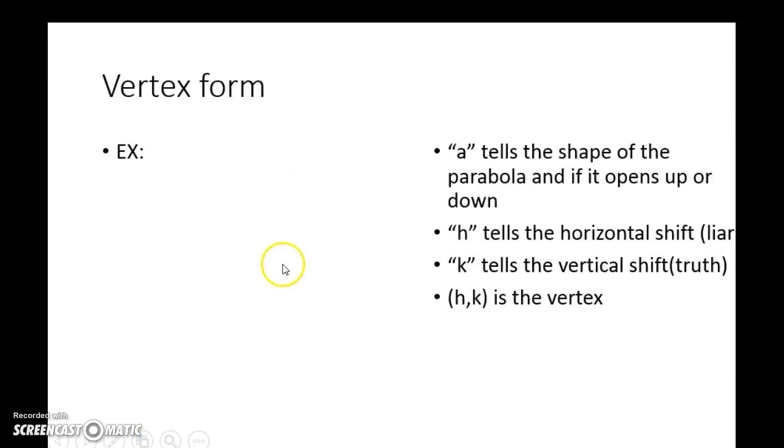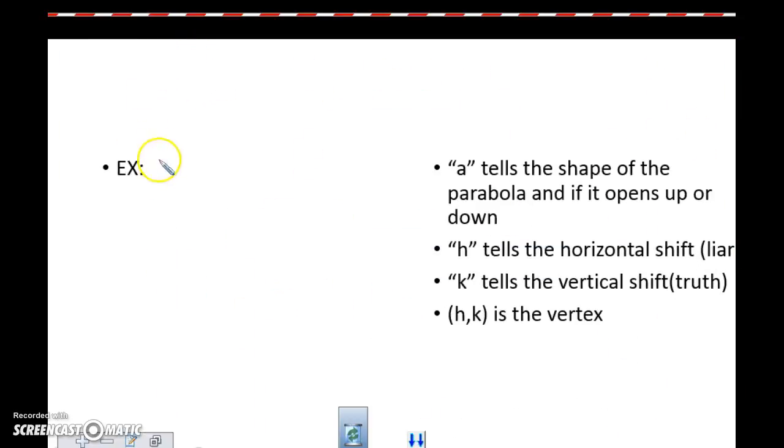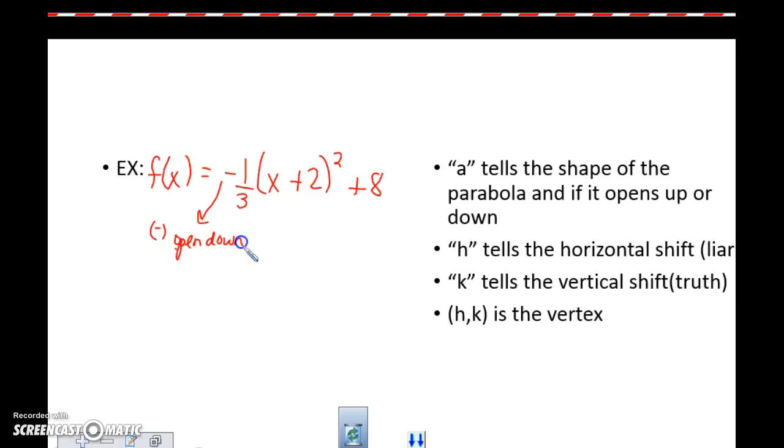Let's look at another one. Second example. We're going to describe the graph and identify our vertex. The negative out front tells us that it's going to open down, like such. 1/3 is less than 1, so it's going to have a vertical shrink.